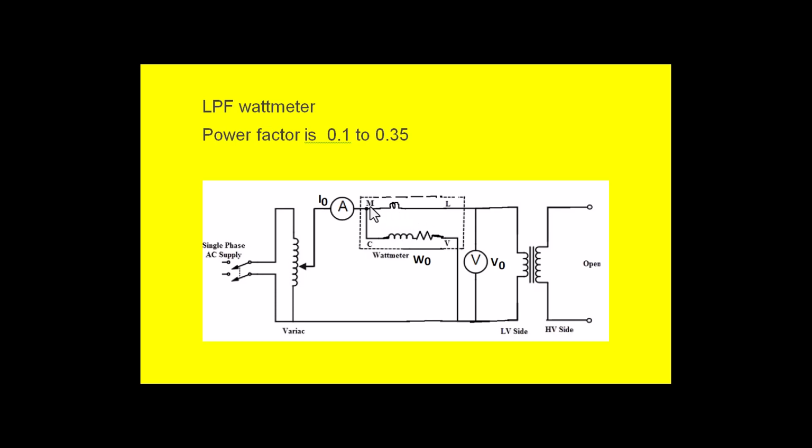So the terminals of the current coil is represented with M and L, and whereas the potential coil of the wattmeter is represented with C and V. And this total meter is called the wattmeter, represented by W0. And here this is the variac connected to the single phase AC supply, and this is connected to the ammeter, and this ammeter reads the no load current represented by I0.